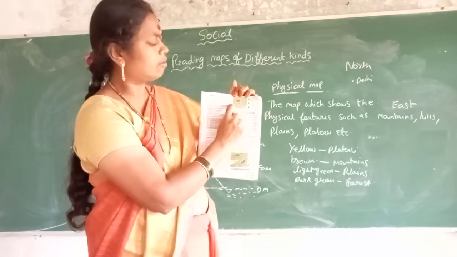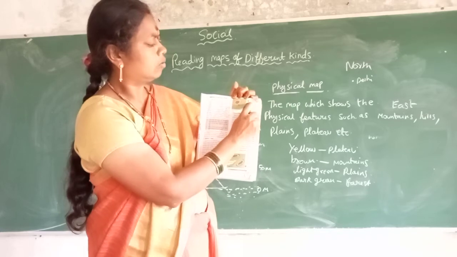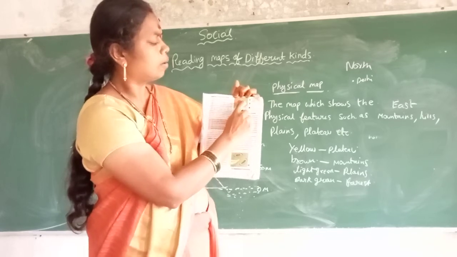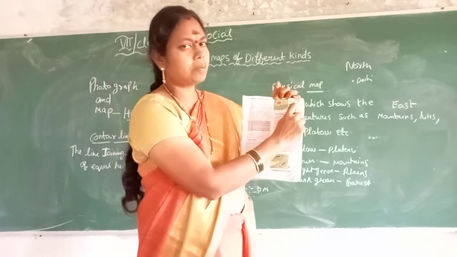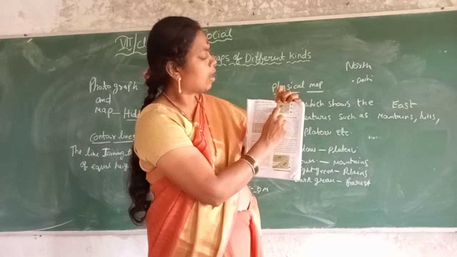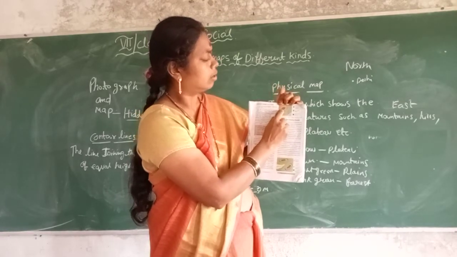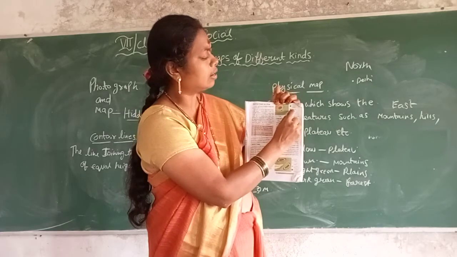So from sea level you can see here from 0 to 50 meters height. The places which are marked in this green color come under 0 to 50 meters. The places which are marked under this light orange color are from 51 to 100 meters.